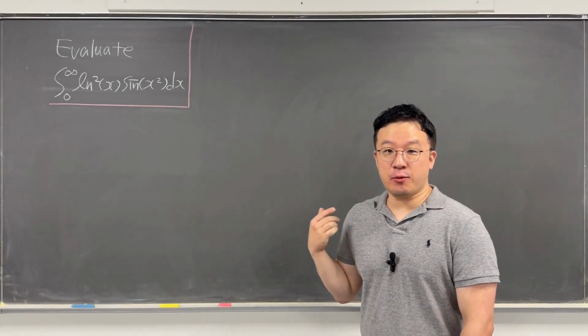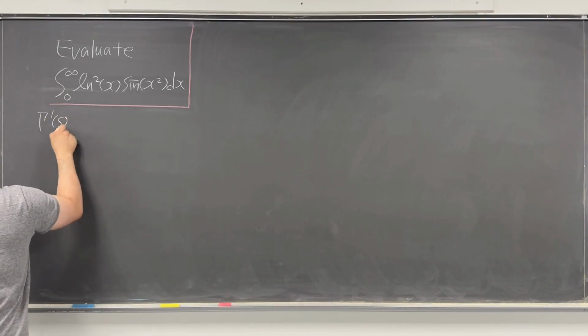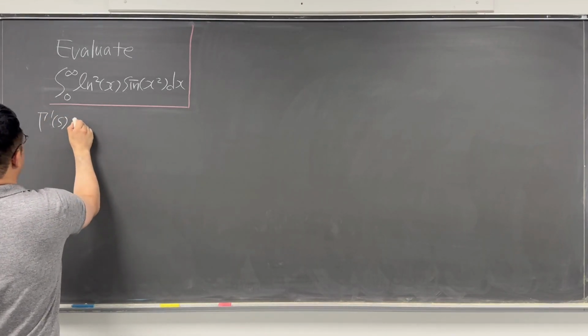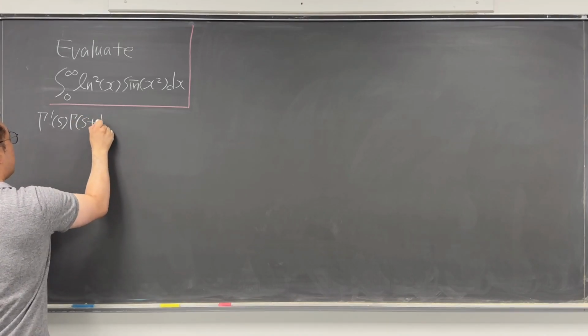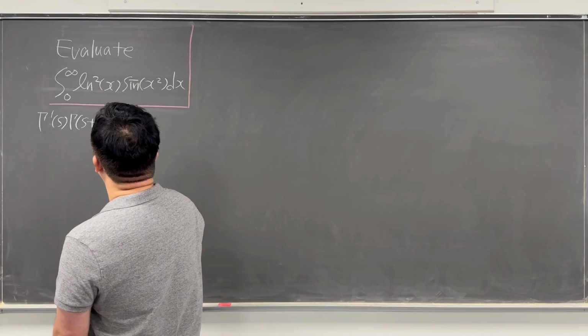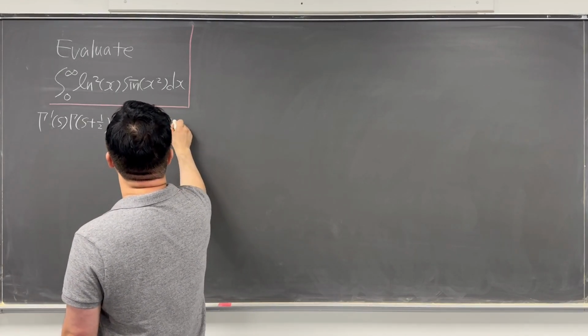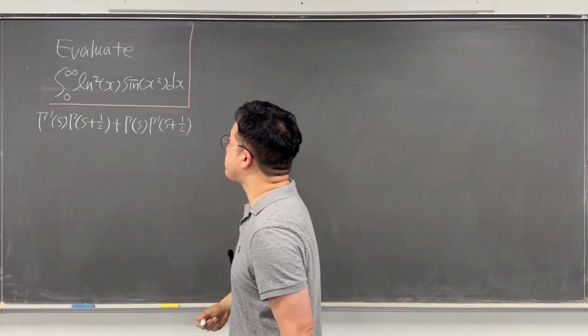If you differentiate the result, then we will get gamma prime of s times gamma of s plus 1 over 2, and then plus gamma of s times gamma prime of s plus 1 over 2.